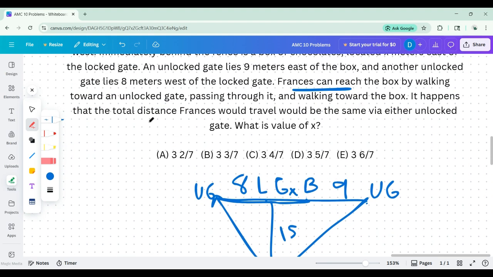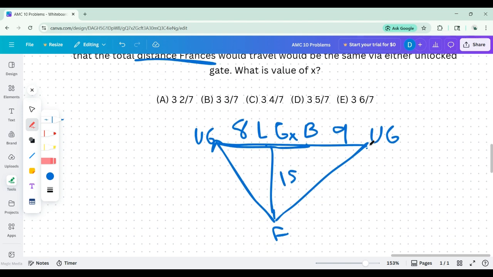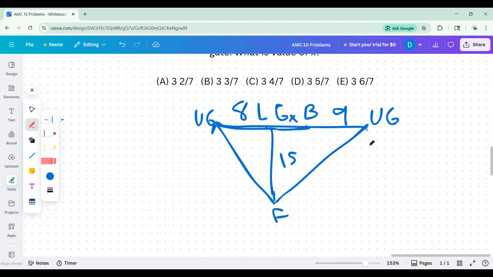And the total distance Francis would travel for both routes would be equal. So we know that 8, 15, 17 is a Pythagorean triple. So we automatically know that the distance from the unlocked gate to the fence is 17 on the left side.